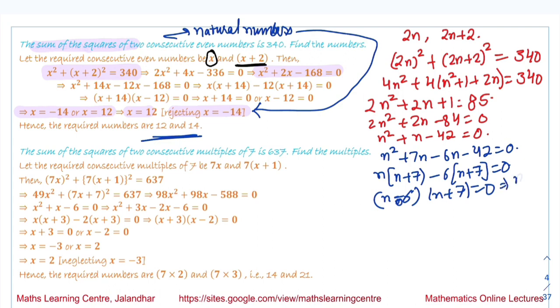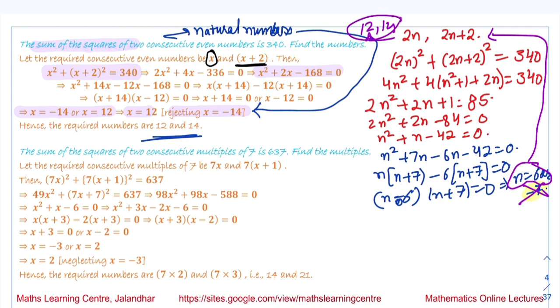So this gives us n is equal to 6 or minus 7. Minus 7 we are not interested in; n is equal to 6 we are interested in. So the two numbers that we obtain by substituting the value are 12 and 14. The answers are the same that we are getting over here and over here.